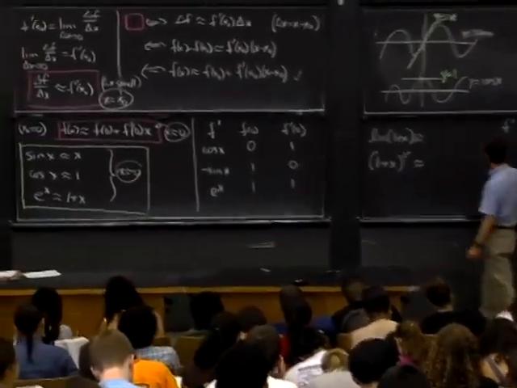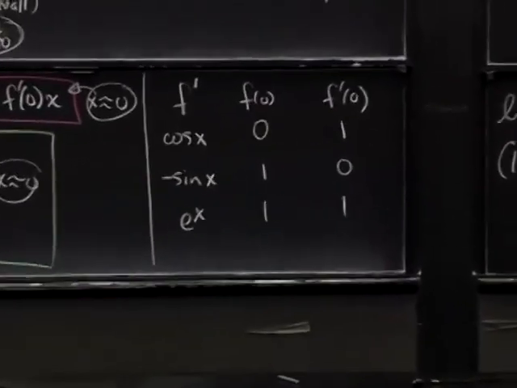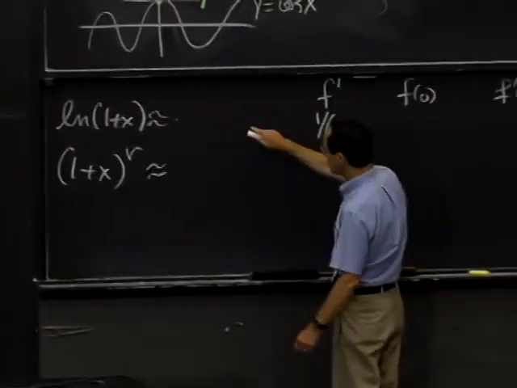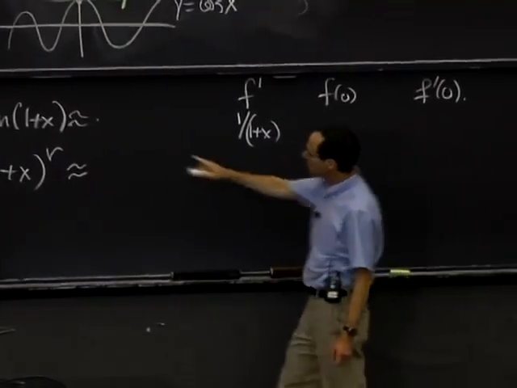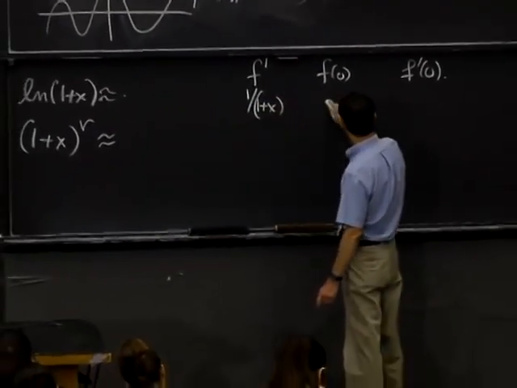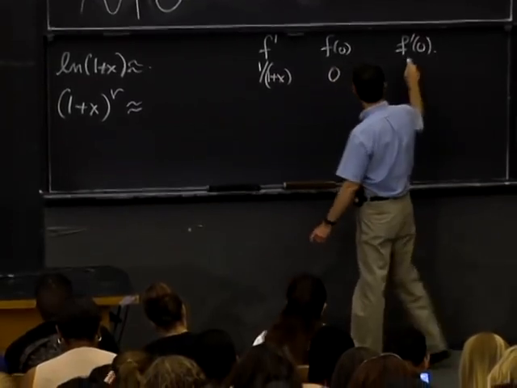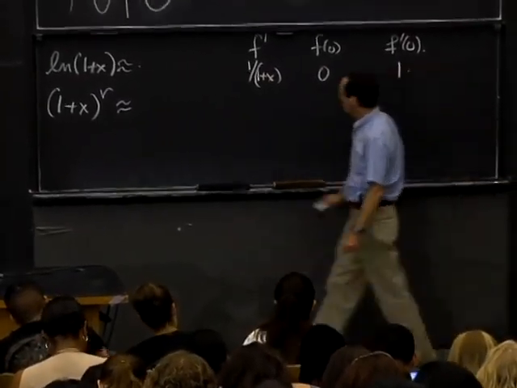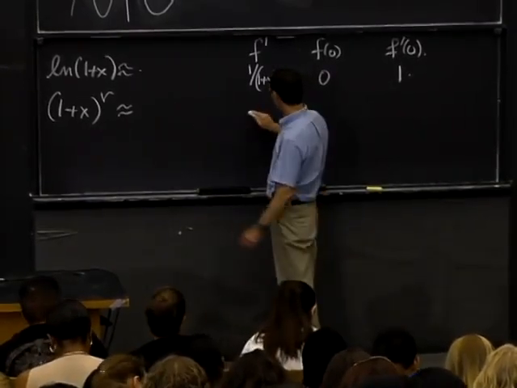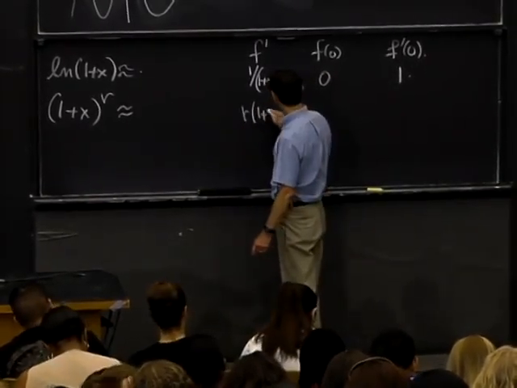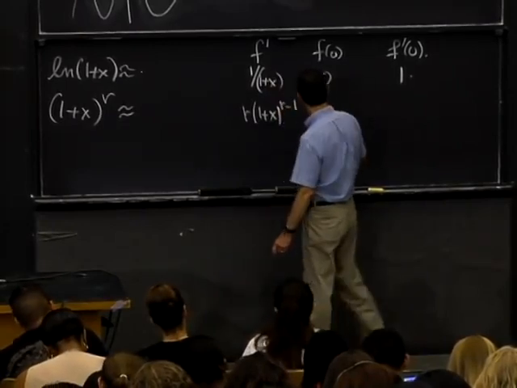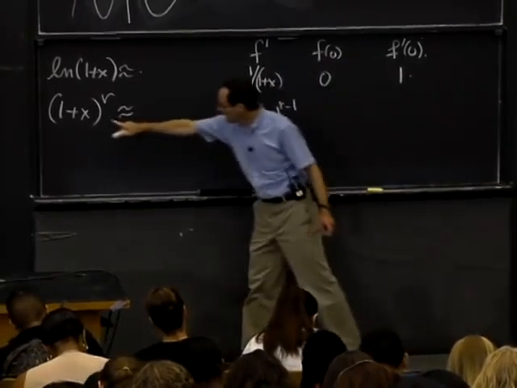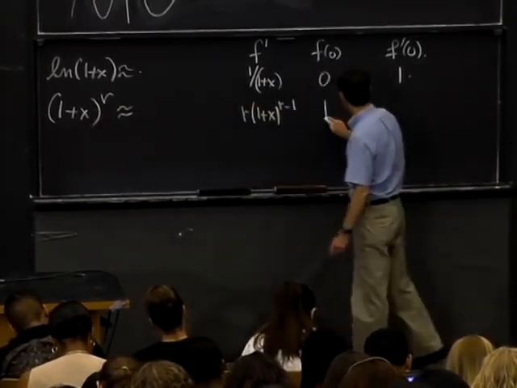So f prime is 1 over 1 plus x in the case of the logarithm, and f of 0, if I plug in, that's log of 1, which is 0. And f prime, if I plug in 0 here, I get 1. Similarly, for this one, I get r times 1 plus x to the r minus 1. When I plug in, f of 0 is 1 to the r, which is 1.